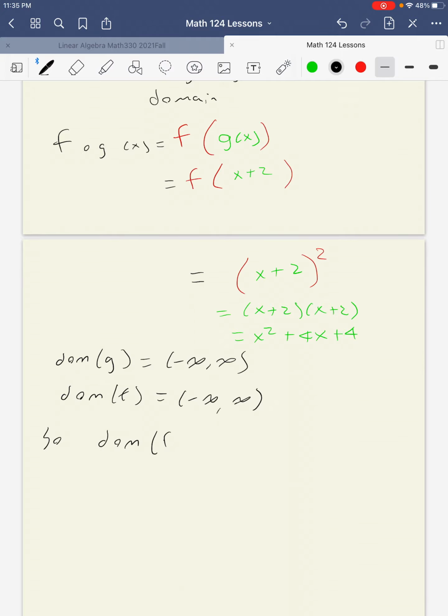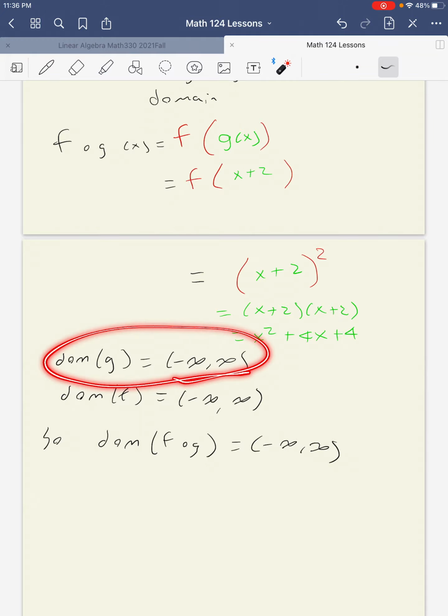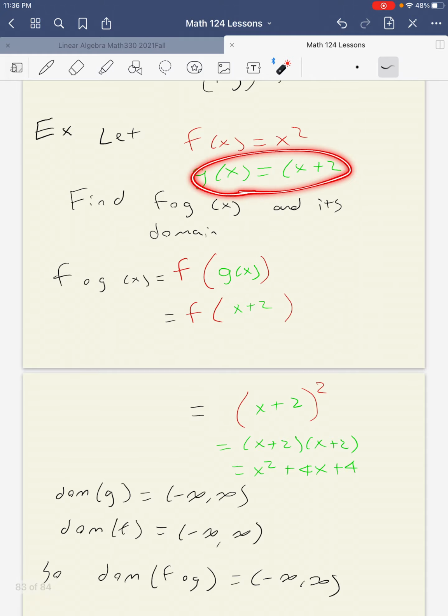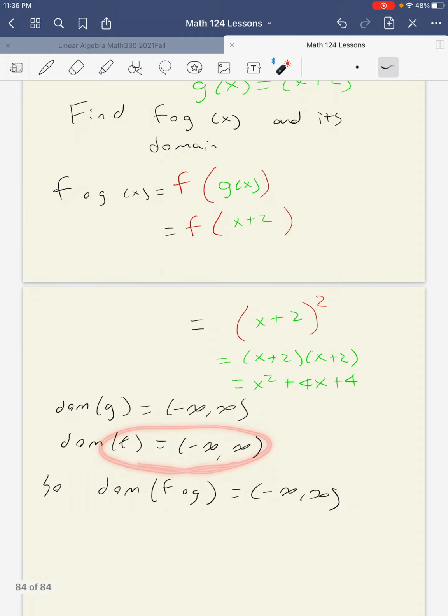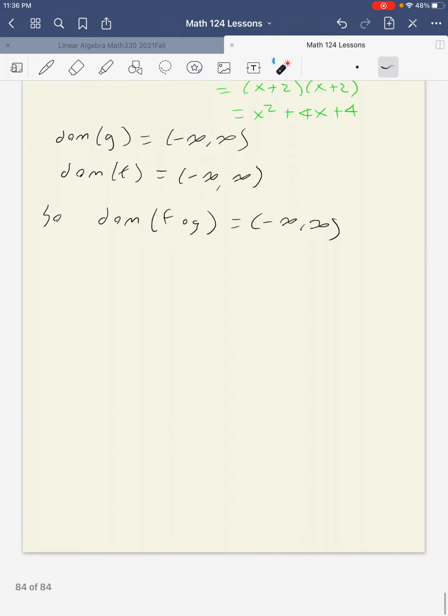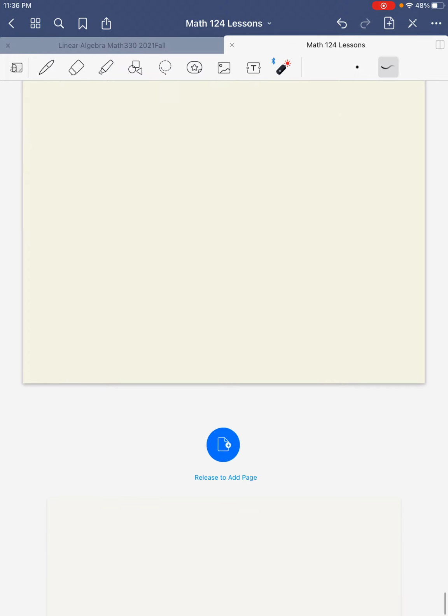The domain of f of g will also be all real numbers because we're allowed to plug anything into g, that's easy, and then anything in the output of g is allowed to be plugged into f because the domain of f is really nice, it's all numbers. So this was an easy example for the domain. We'll see some more tricky examples shortly.